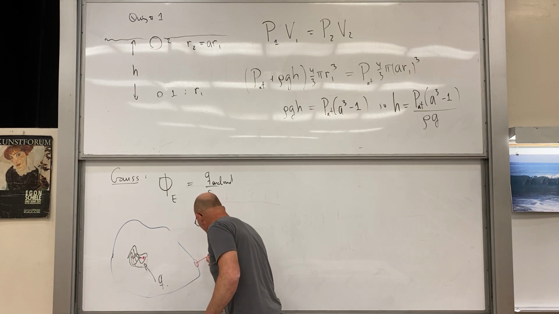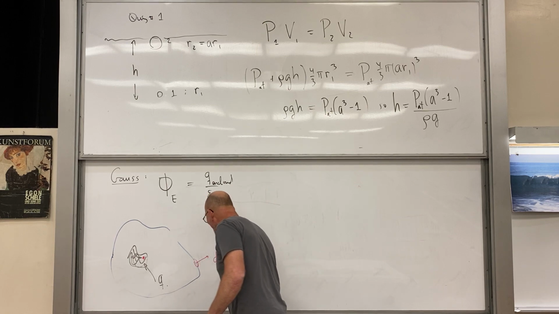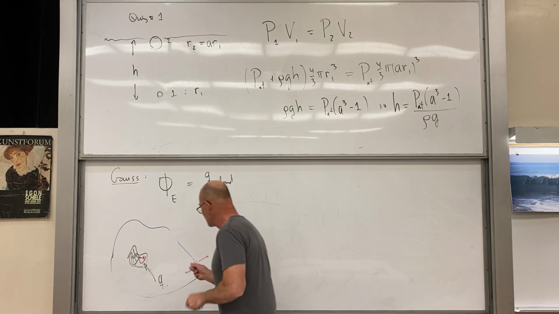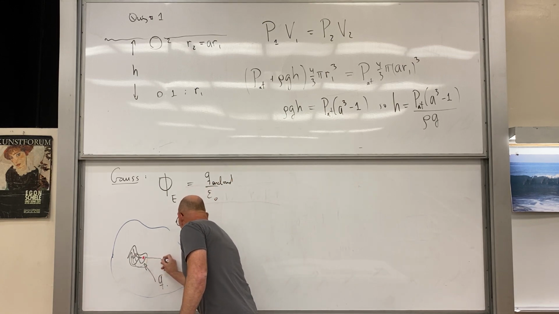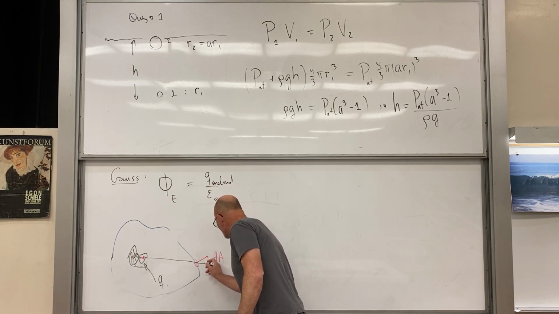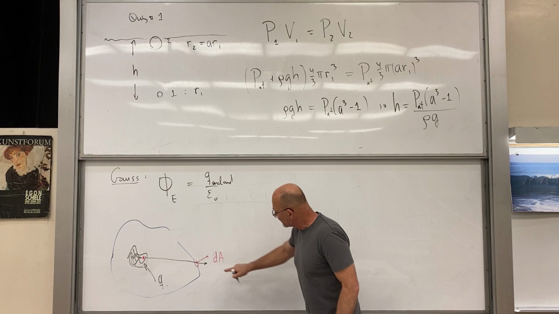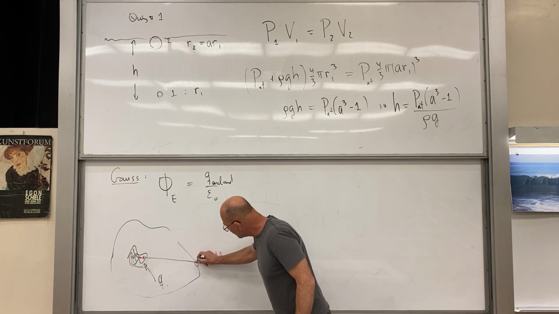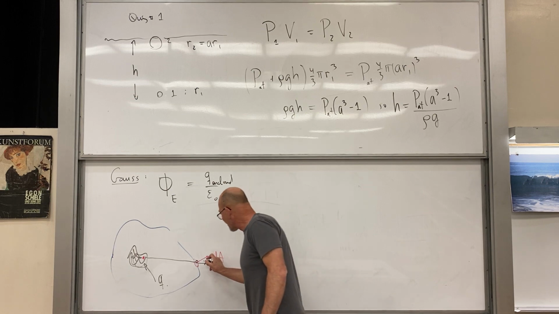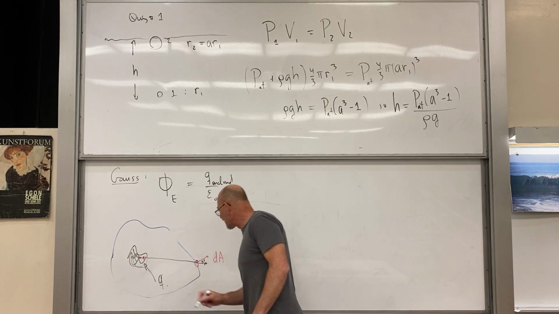We would have an area element, dA. The field vector due to this charge is pointing in that direction. So this is my surface normal, the red one here. My field is like that. So there is an angle theta between them.